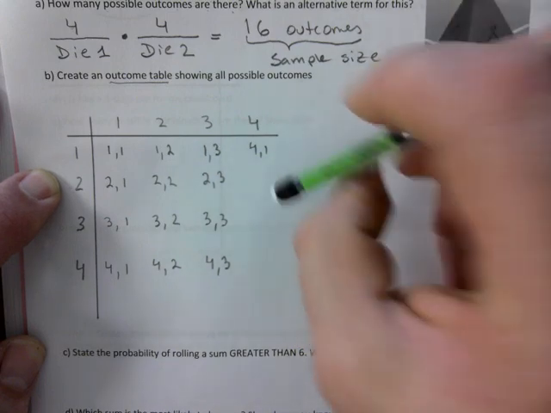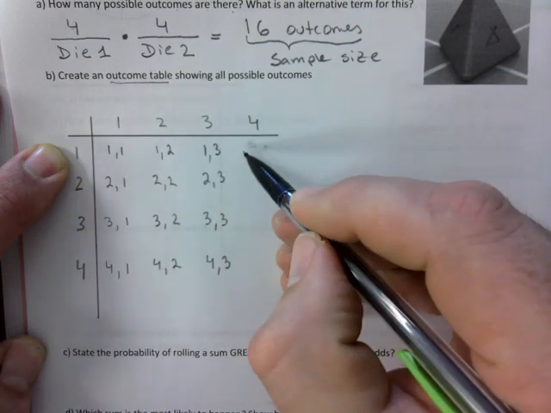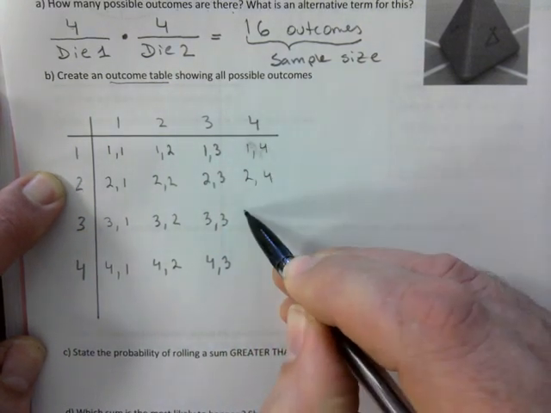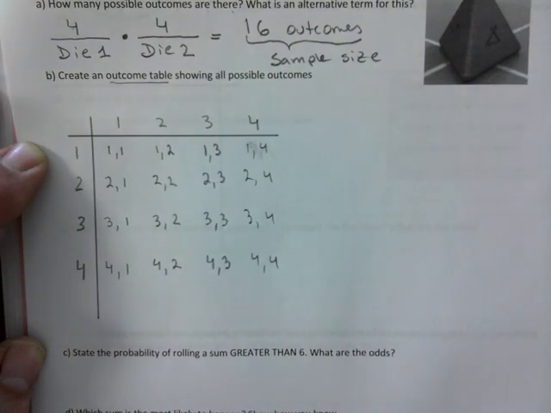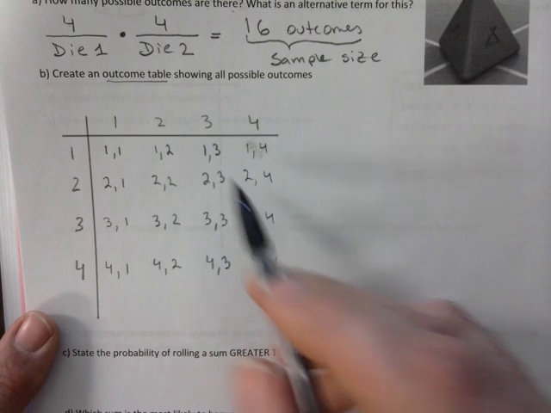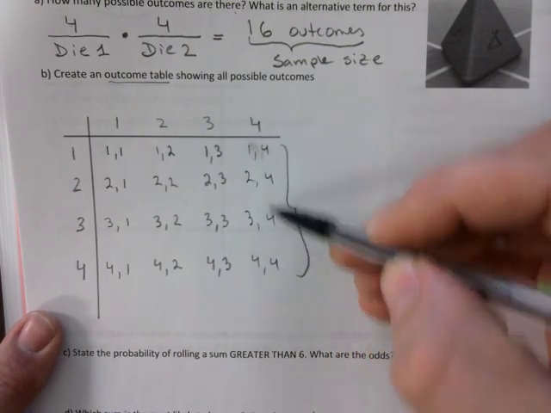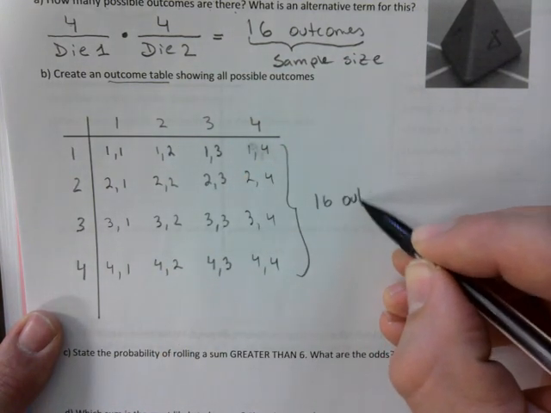Sorry, I don't want to mix it up. Okay, so this number first: 1 and a 4, 2 and a 4, 3 and a 4, 4 and a 4. So you can clearly tell, if you count, you just multiply, right? 4 times 4, there are 16 outcomes here.